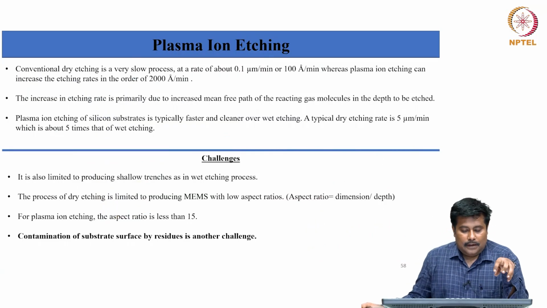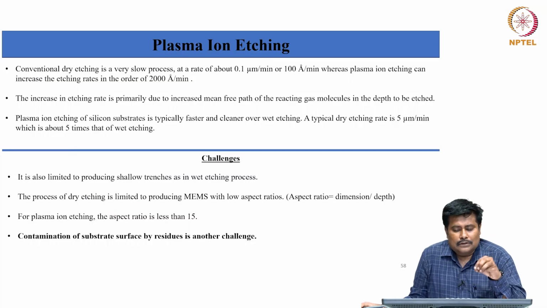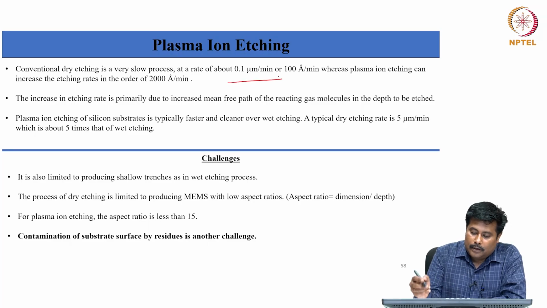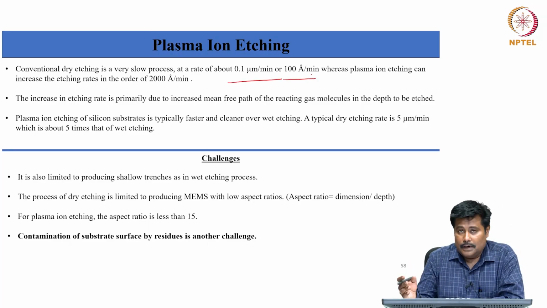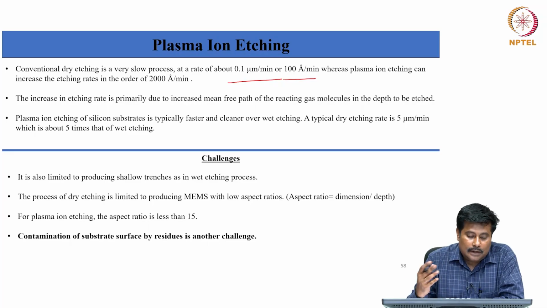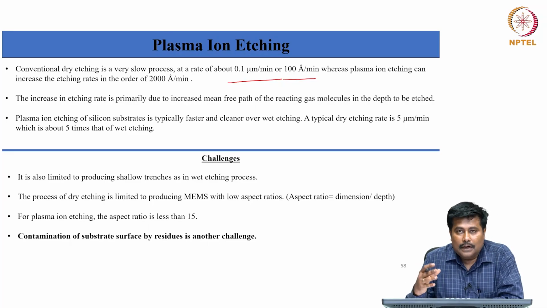Conventionally, as far as plasma ion etching is concerned, it is a very slow process. It is at the rate of 0.1 micrometer per minute or 100 Angstrom per minute, and plasma ion etching can increase the etching rate in the order of 2000 Angstrom per minute. The increase in the etching rate is primarily due to an increase in mean free path of reactant gas molecules in the depth to be etched.